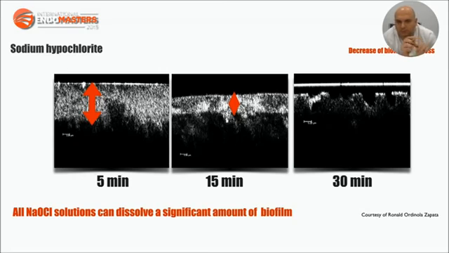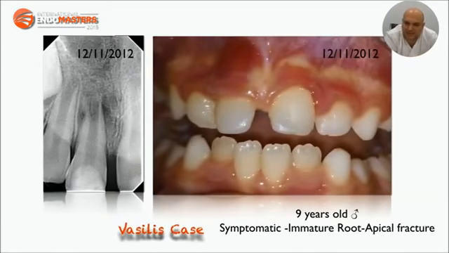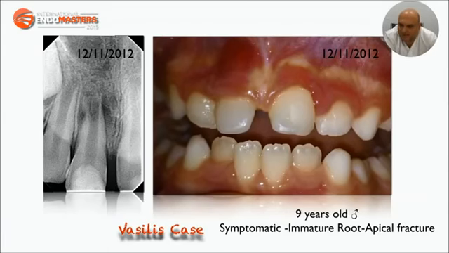And we may be able to reduce the biofilm thickness to a great extent, even without using high concentrations of sodium hypochlorite, but by using a 1% concentration of sodium hypochlorite.